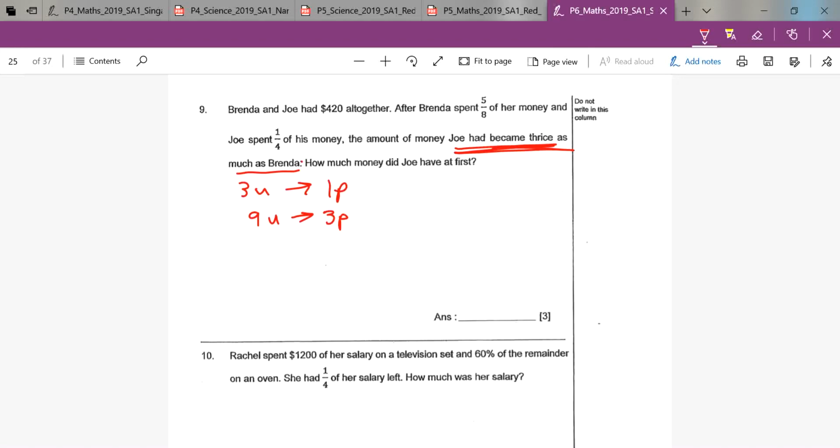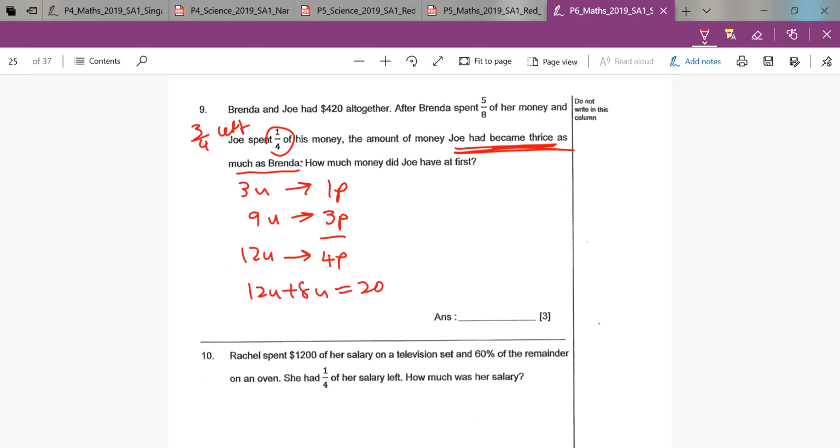And Joe spent 1/4 of his money, which means he has 3/4 left. And that 3/4 left is exactly this 3 parts. So initially Joe has 4 parts, which is basically 12 units. And Brenda has 8 units clearly. So the total is 12 units plus 8 units.